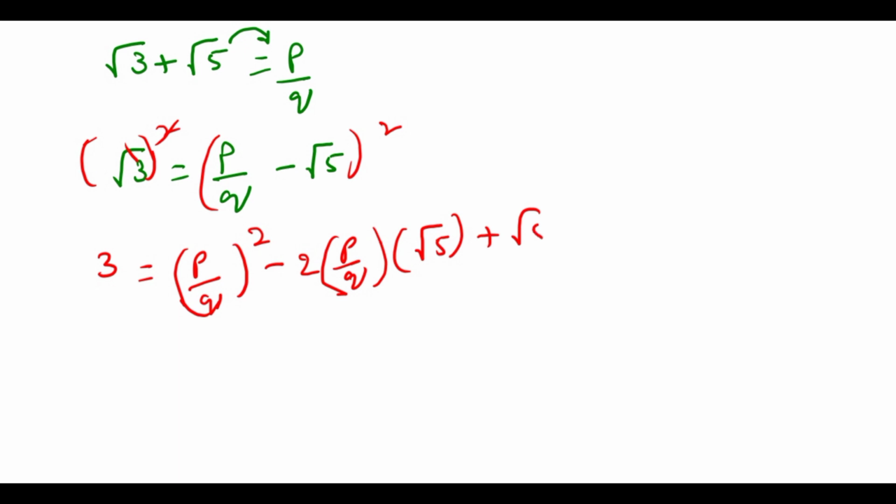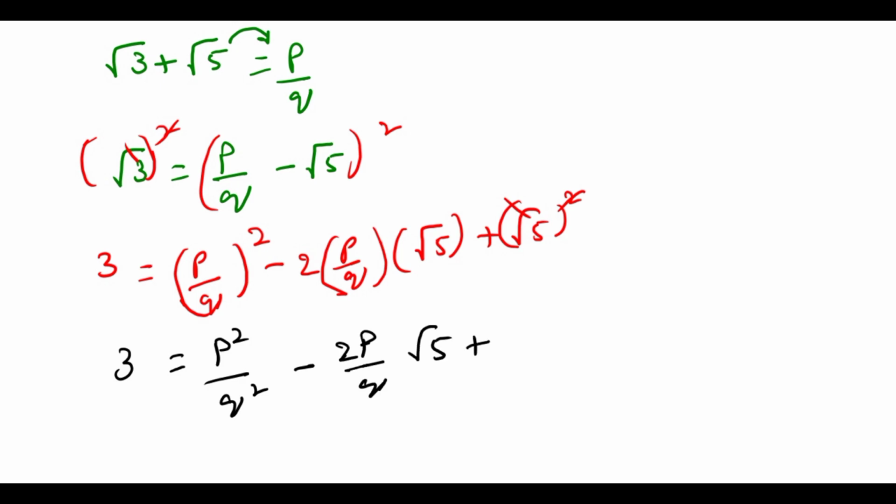Then you will get 3 equal to p square by q square minus 2pq into root 5 plus 5. Can you say what we do next? Yes, we need to transpose this irrational number, because this completely irrational part is root 5.